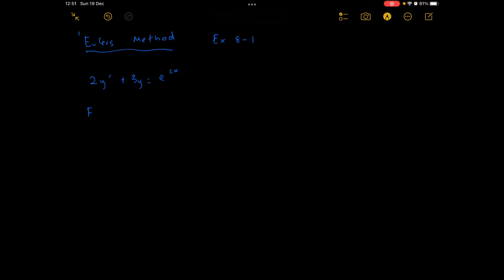We need to find y when x equals 1, given the initial condition x equals 0 and y equals 1. We need to use Euler's method, and the step size is given as h equals 0.2.